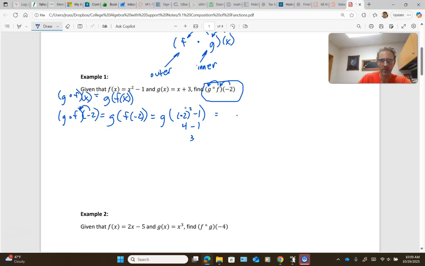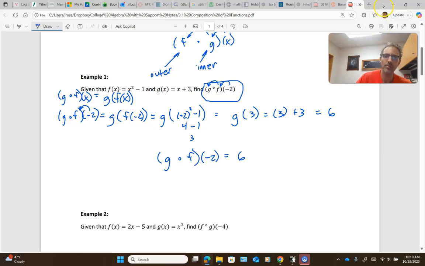So I will be evaluating g when the input is 3. g is this linear function, so I plug 3 in for x. That leaves me with 3 plus 3, which is 6. So g composed of f when x is -2 is equal to 6.